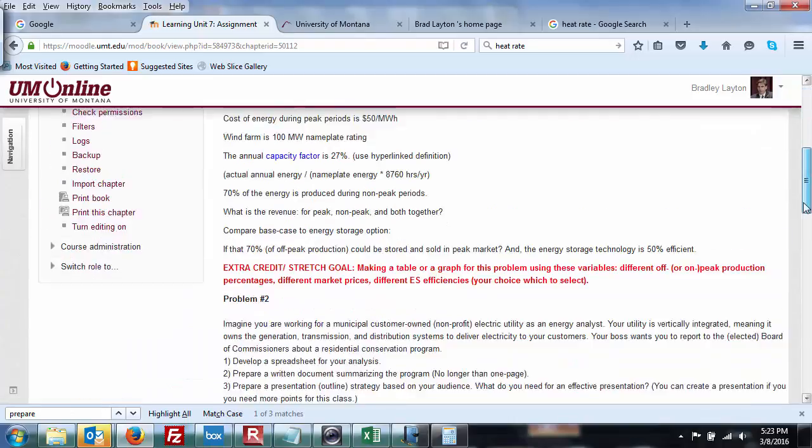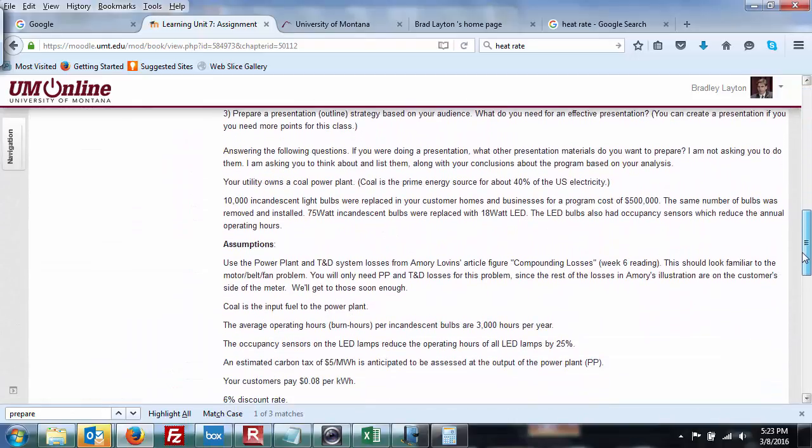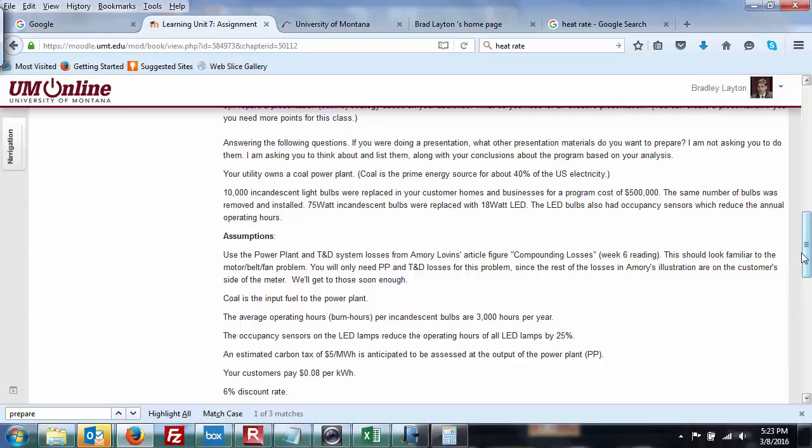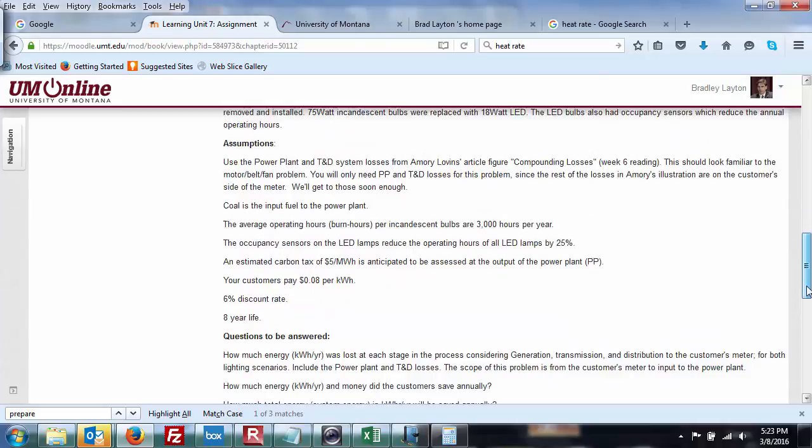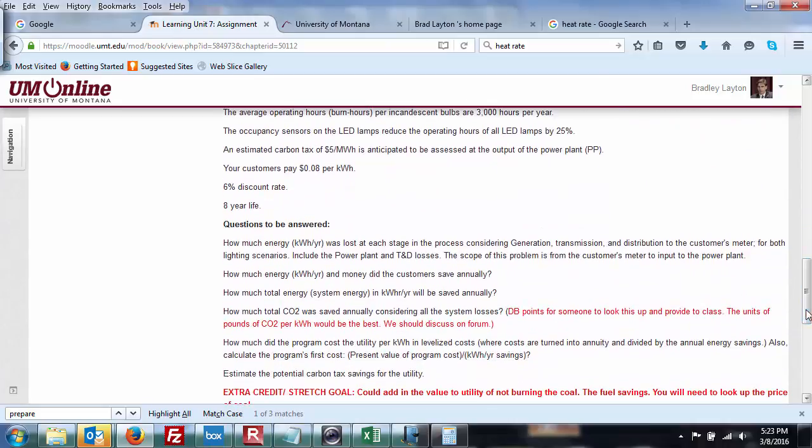Problem 2. 3,000 hours per year, got all that. Okay. How much energy was lost at each stage for both systems? All right, no problem. Let's go.